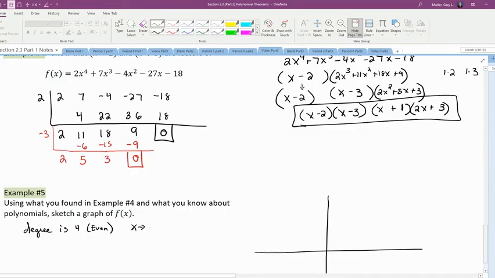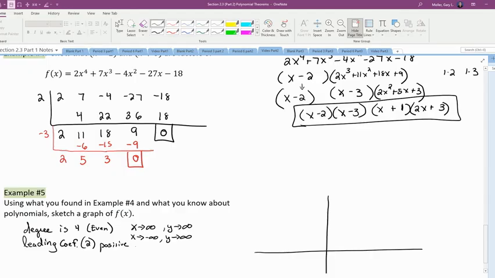As x goes to infinity, y goes to infinity; as x goes to negative infinity, y goes to infinity. The leading coefficient, I should have included that in that discussion, I just sort of glossed over it, but the leading coefficient is positive. So those two things together lead me to that result.